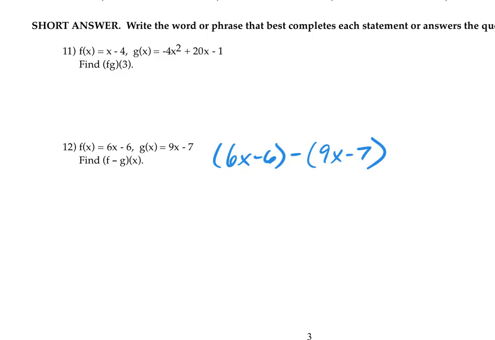Okay, we're taking F minus G. I'm putting both of them in parentheses, and the reason why I think it's really, really helpful to write it out is because we are going to have to take that minus sign and distribute it. If I don't put that in parentheses, I'm going to forget to distribute. Most common mistake that's made. Been teaching college algebra a long time, and I see it all the time. Okay, so just trying to give you some helpful hints there.